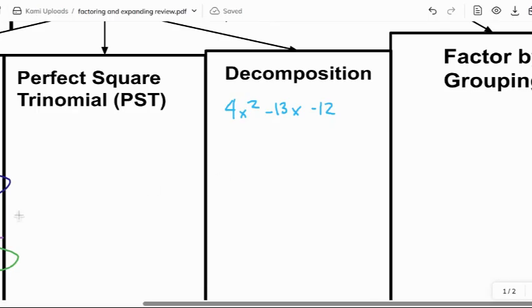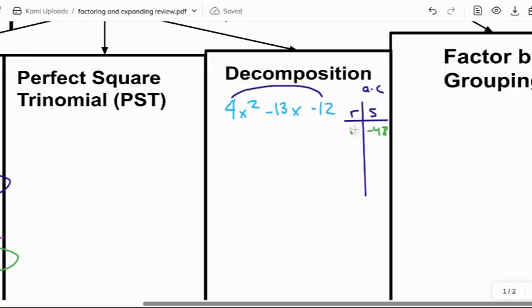And so in this case, again, we're making that table. But this time, I have to multiply these two terms, the a and the c. I have to multiply a times c. So 4 times negative 12 gives me negative 48.